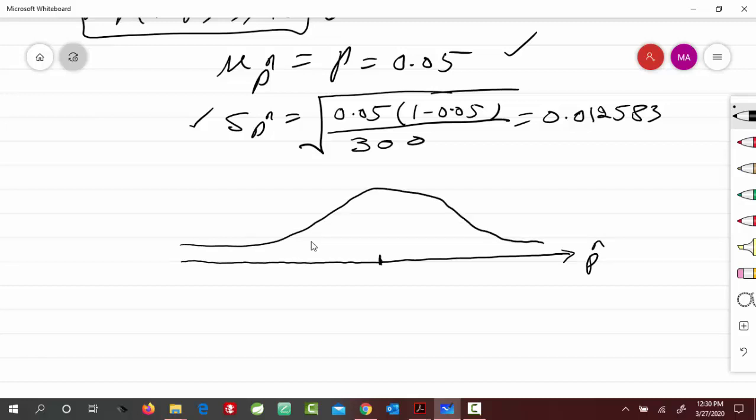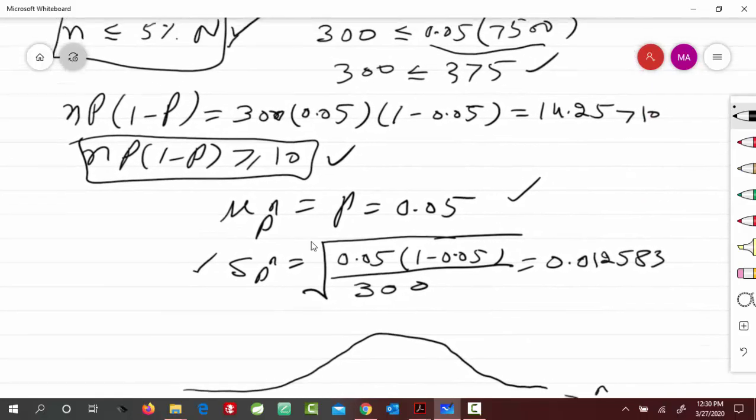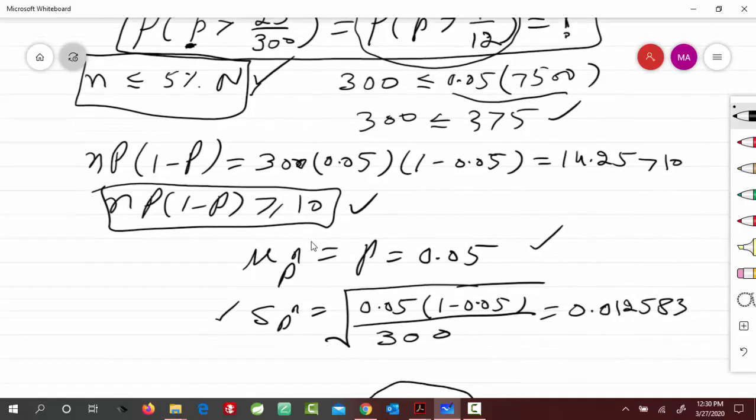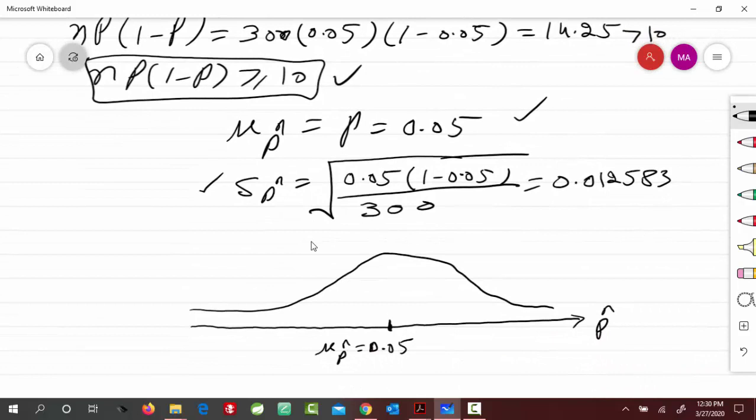This is the mean here, mu p hat, 0.05, and because we have to find the probability that p hat is greater than or equal to 1/12, which is approximately 0.08, that would be somewhere here.